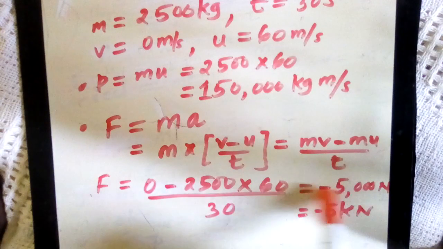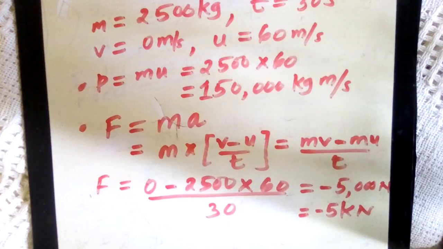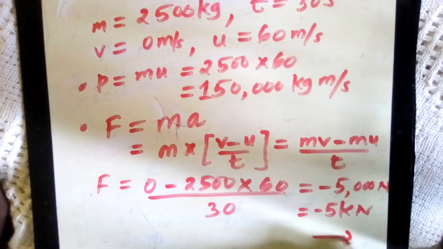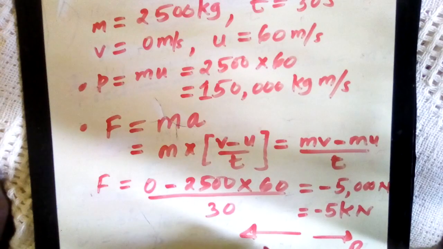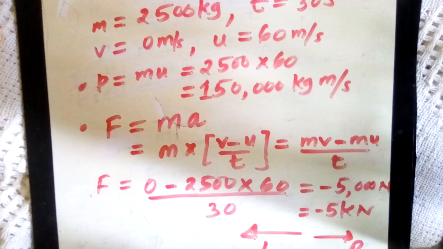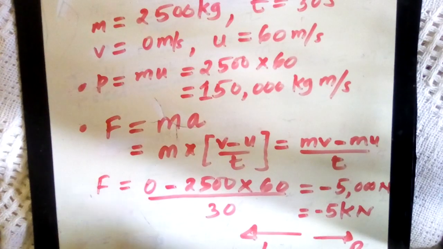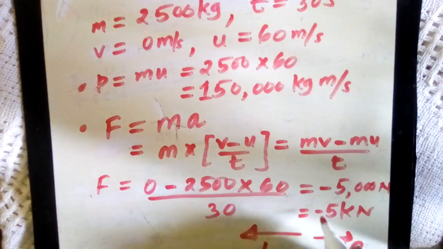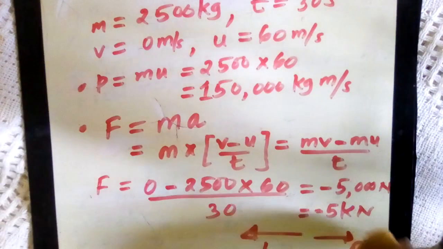It is going against the motion of this car. That means when the car is moving to the right, this force is assumed to go in this direction, to the left. That's why we have the negative sign on the force.